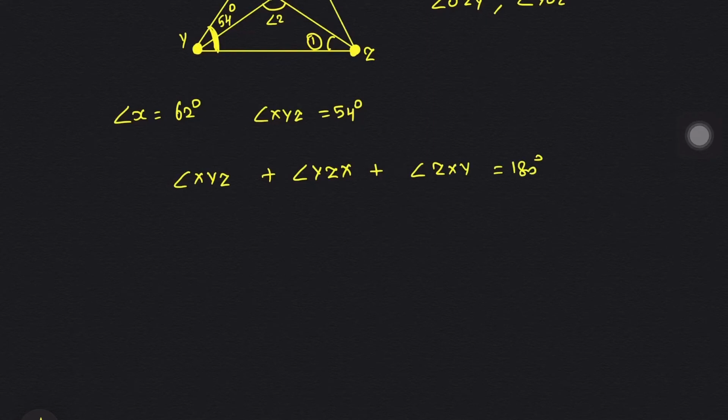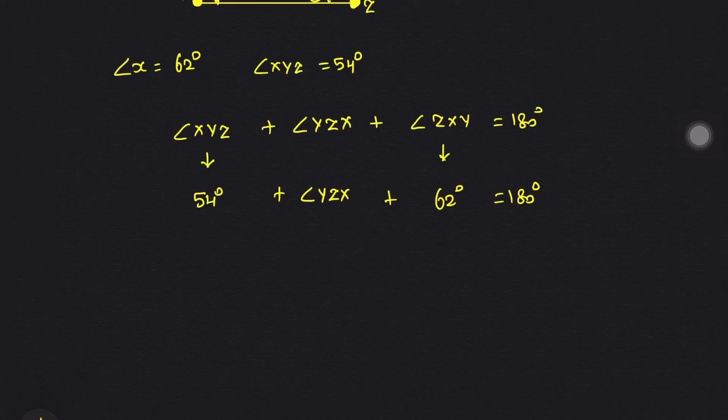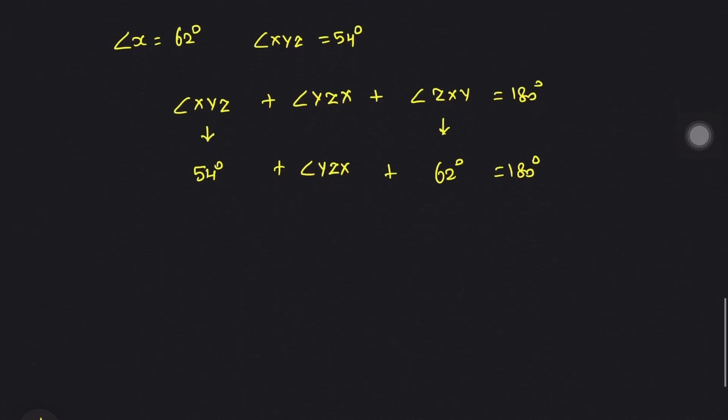The given value angle XYZ is equal to 54 degrees and this value is 62 degrees. Adding these two values and moving to the right side, angle YZX is equal to 180 degrees minus the sum of these two values, which is 116 degrees.